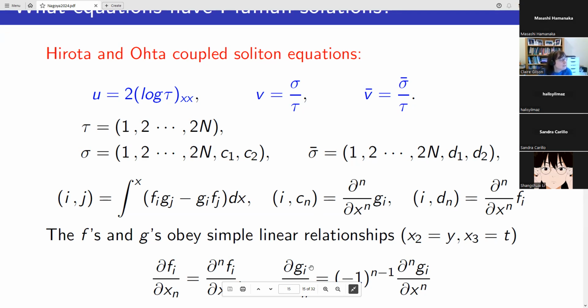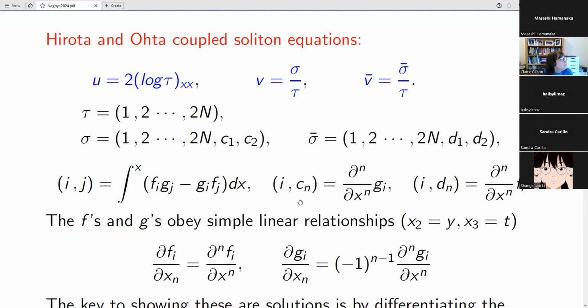Okay, and the same for the g's, but there's a change in sign. The g's are usually sort of adjoint things to the f, so I get a change in sign when n is even. Okay. So I've got the sort of setup here, and these objects satisfy the equation.